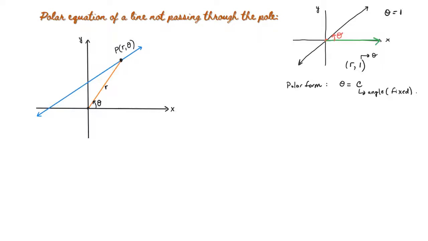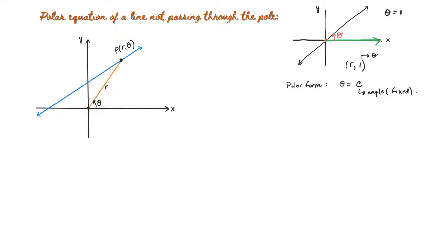But what if I have a line in the xy plane, in the Cartesian plane, that doesn't pass through the origin? Can I find its polar equation? Here on the right, taking you back over here, if I am in the Cartesian plane and I have a line that passes through the origin, I know how to represent it in polar form.